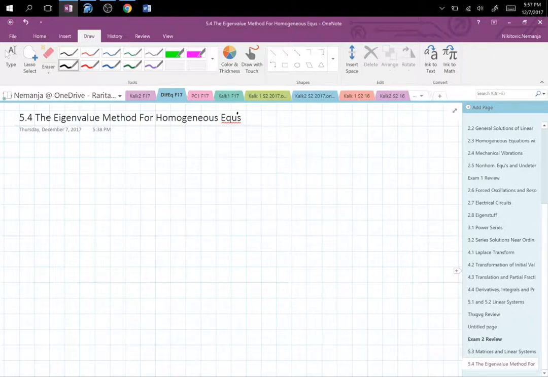We start with the idea that we have differential equations with constant coefficients, and these constant coefficients we are going to immediately assign matrix indexes so that you can place this in the matrix right away.